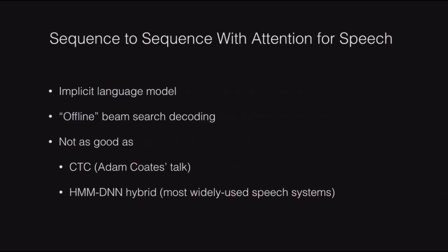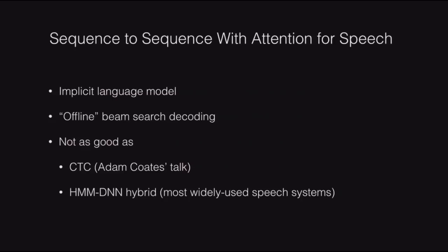But the problem with this is that actually you have to wait until the end of the input to do decoding. So the decoding has to be done offline. Okay? So if you use this for voice search, it might not be too nice because people want to see some output right away. Okay? So in that case, there's an algorithm that can use this and do it in an online fashion, block by block.